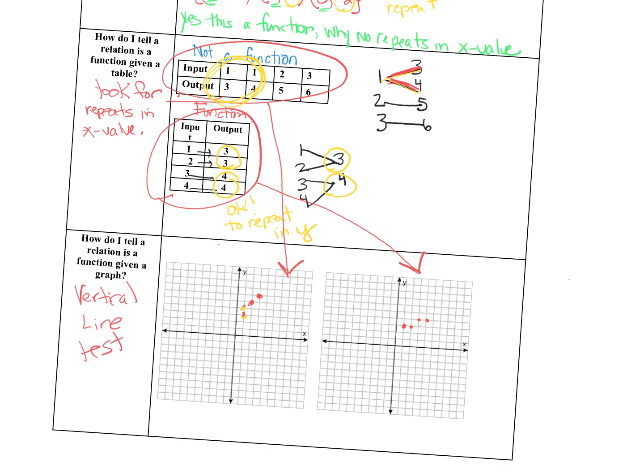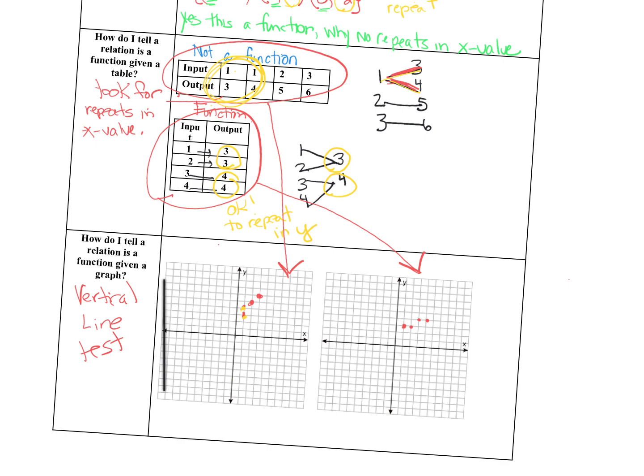What the vertical line test tells us to do is if we take a vertical line and move that vertical line across the graph, we start at the left and go to the right.